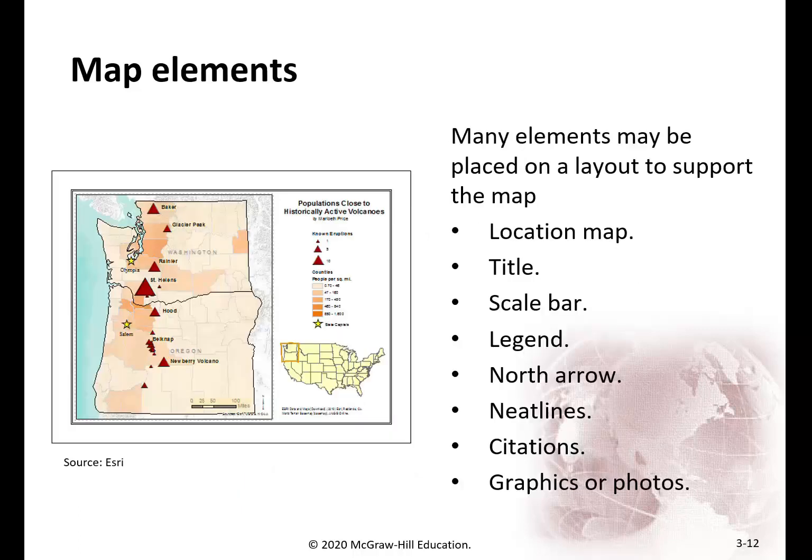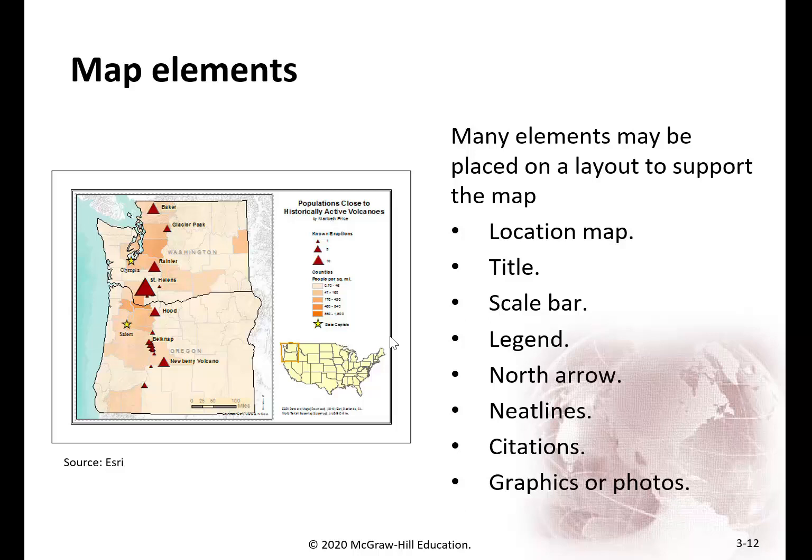A good map layout will generally contain many of the following map elements. While we've touched on quite a few of these, including the title, the scale bar, the legend, our north arrow, and citations, we have not talked about so much the location map, neat lines, or additional graphics or photos.